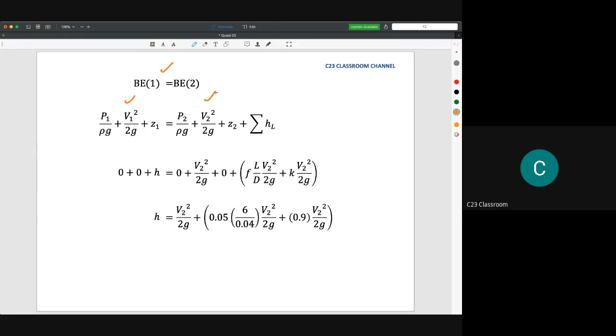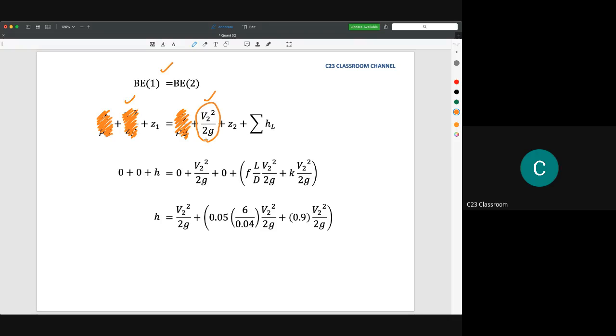We know that the pressure at the inlet is atmospheric pressure and also atmospheric pressure at the outlet, so we cancel the value, or we assume the pressure is equal to 0. And then the velocity at the surface at the inlet can also be assumed as 0, but the velocity at the outlet exists. Please do not cancel the value of V here.